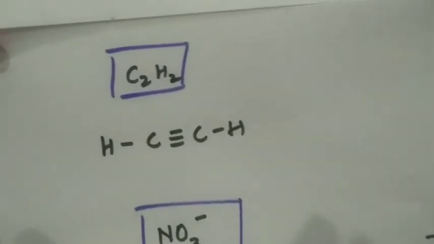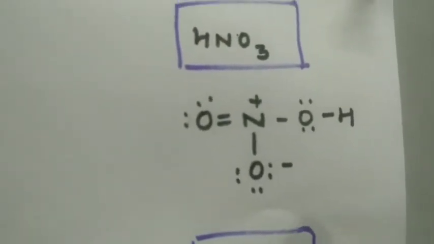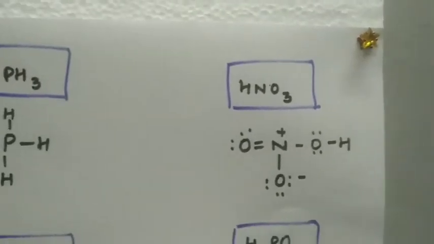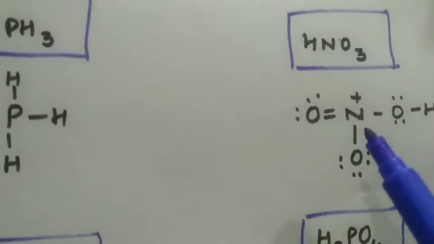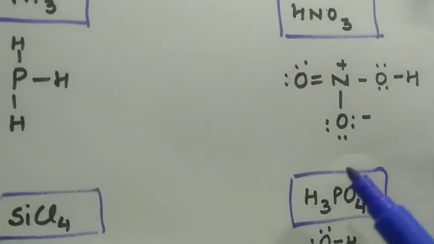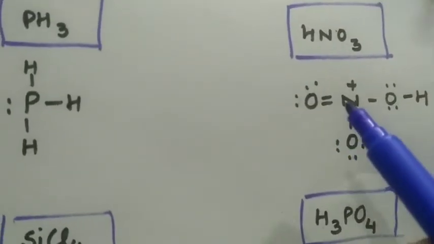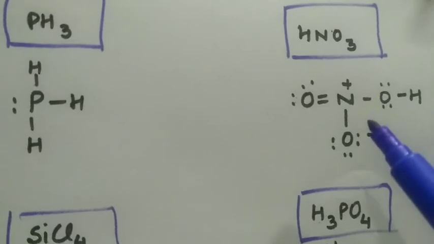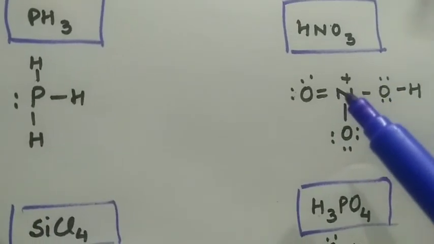The next is nitric acid, HNO3. So for HNO3, you place nitrogen in the center, OH on one side and 2 O on the other side. Now while placing the electrons, you see that nitrogen has to have 4 valencies, because of which it acquires a positive charge.